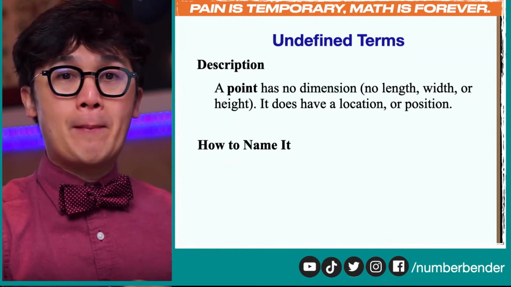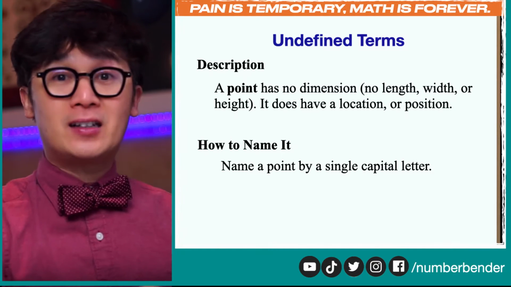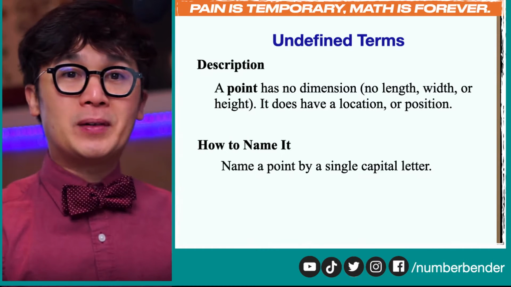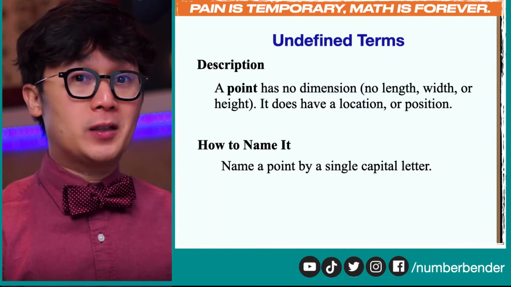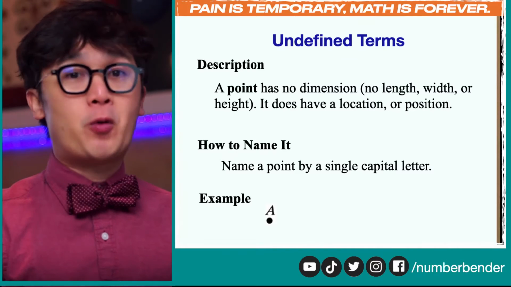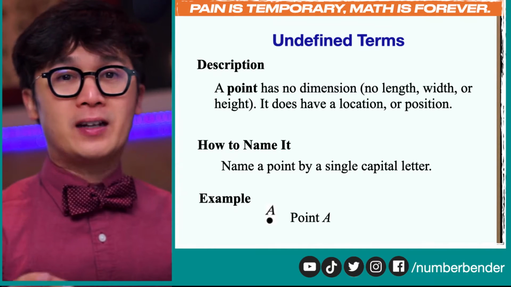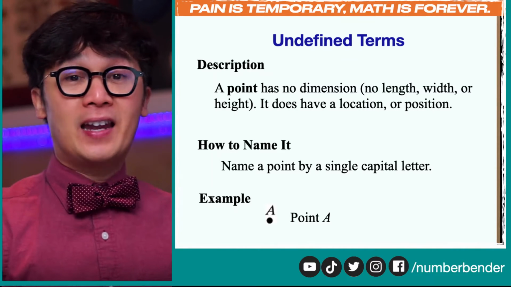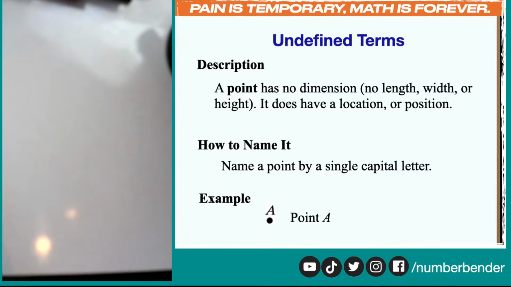We use the capital letter. So, capital letter ang ginagamit natin to name a point at single letter lamang ang gagamitin natin to represent a point in geometry. For example, ito yung tinatawag nating point A. So, point A, we can write that out as point A, or pwede din natin siyang i-label using a capital letter. So again, capital letter yung gagamitin natin.